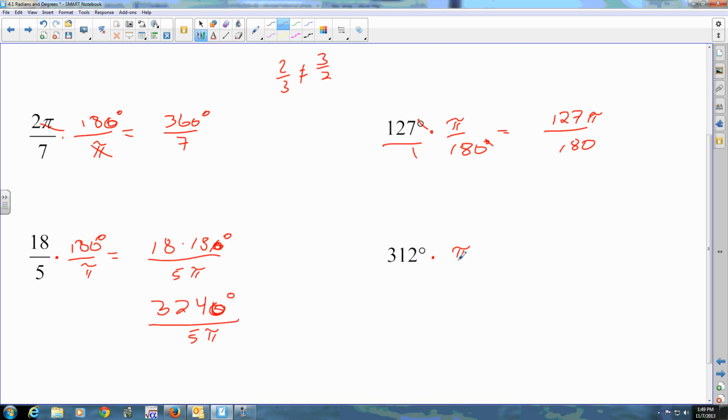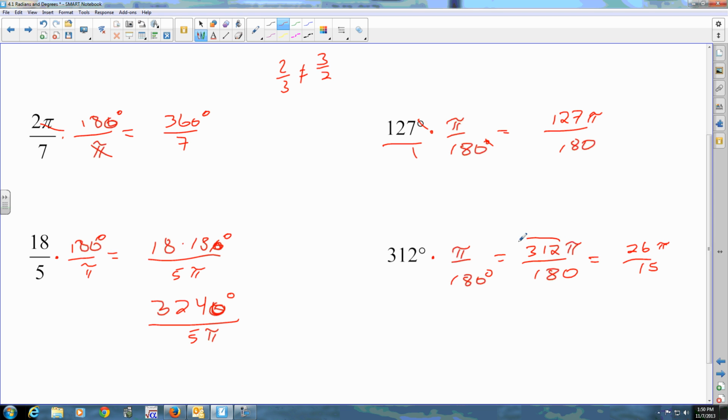Then 312 pi over 180. And I don't think that that goes anywhere, but let's try. 312 divided by 180. So that would reduce to 26 pi over 15.